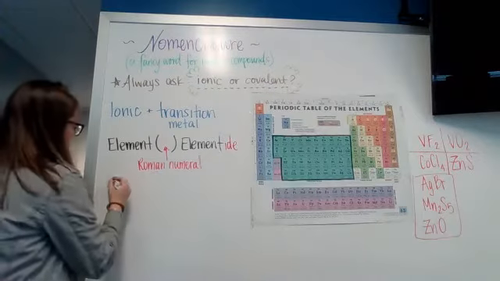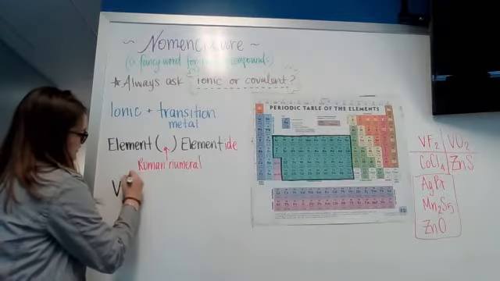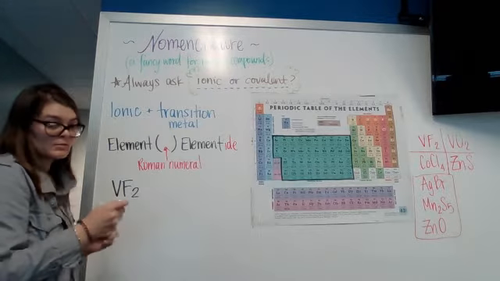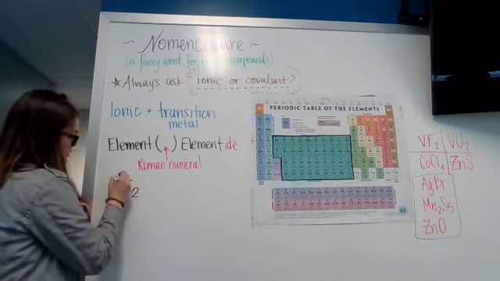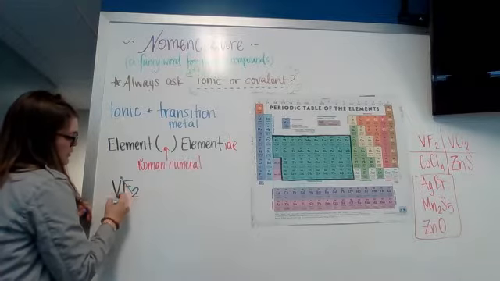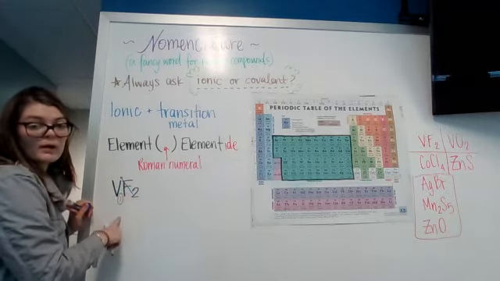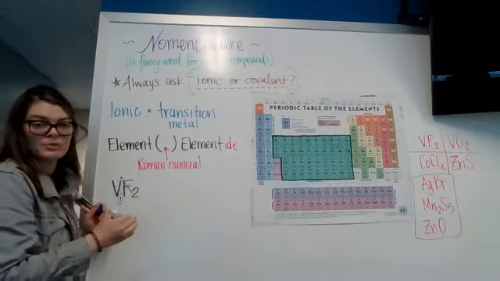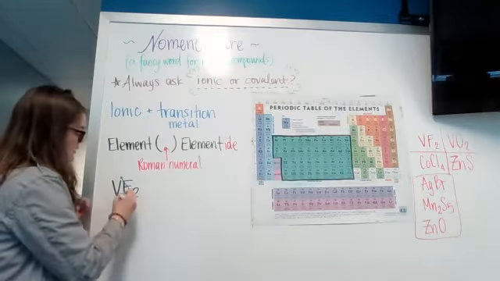So, if I take VF2, I need to uncrisscross it, okay? So the 2 comes over here. Remember, this is like an implied 1. That V wouldn't be there if there wasn't at least one of them, just like x in your math class.